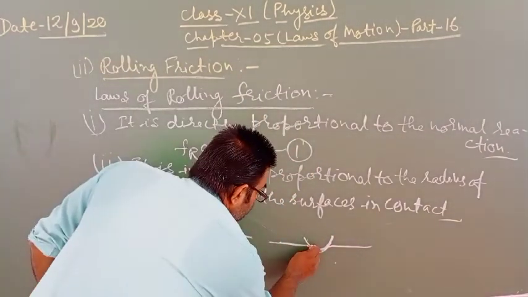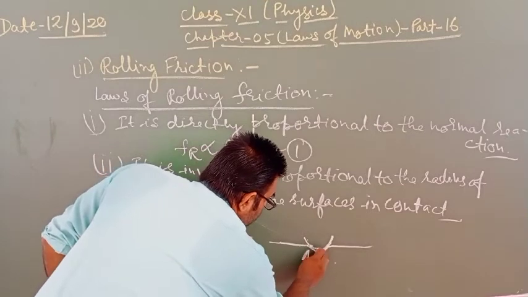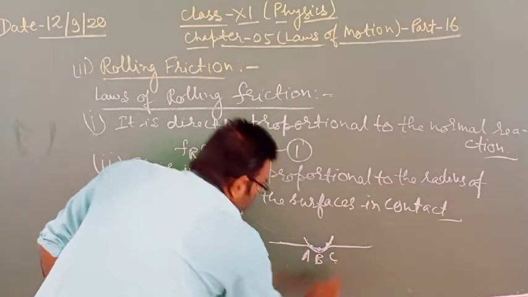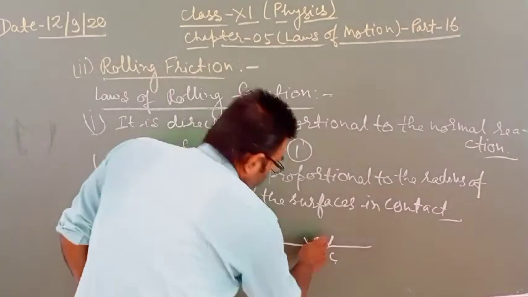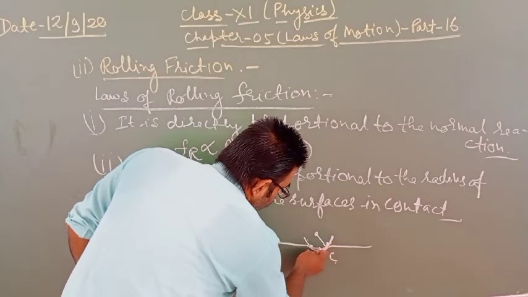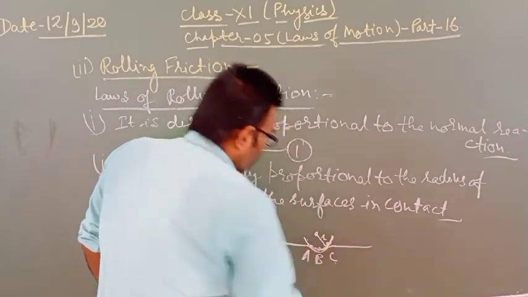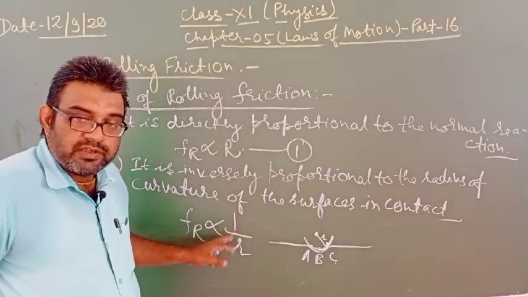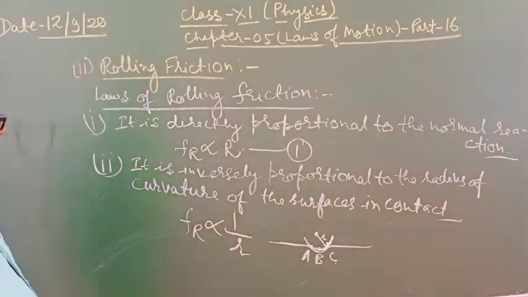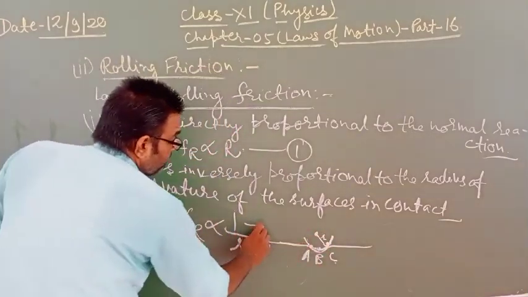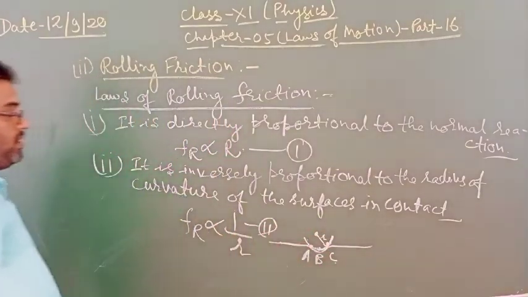There are points, suppose this is point A, this is point B, and this is point C. Clear students? Whatever the radius of the curve, the frictional force is inversely proportional to the radius of the curve. Okay students, I think you have understood it. This is equation number 2.